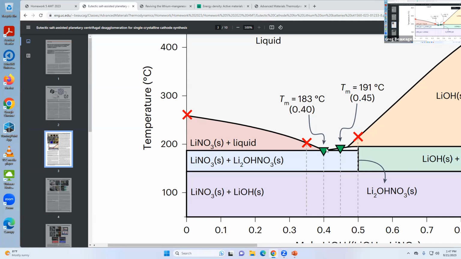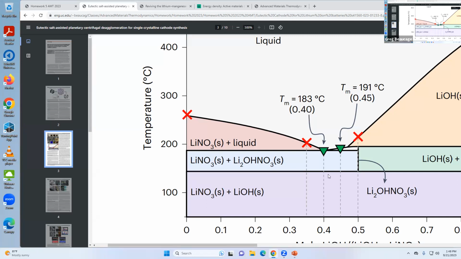Then you have liquid, and it's going to have this composition. So you don't have the 45 anymore. You have that composition. Then that's going to drop down here, and you're slowly cooling. So at this point, you're going to separate into 10% of the nitrate and mostly this intermetallic phase. And as you continue to cool, you get into this region where the intermetallic wants to disintegrate into those two.